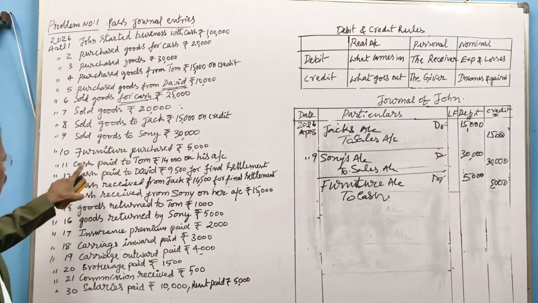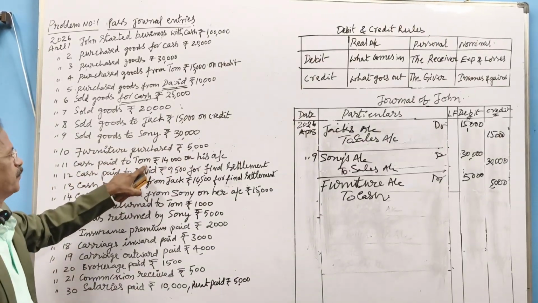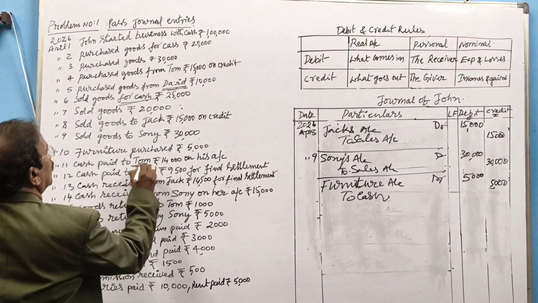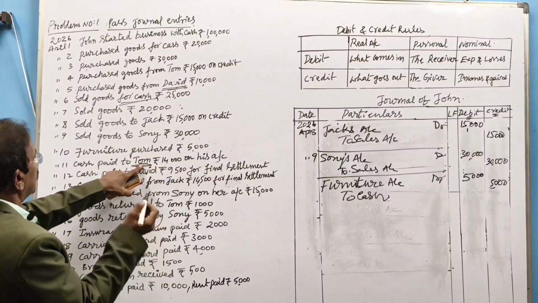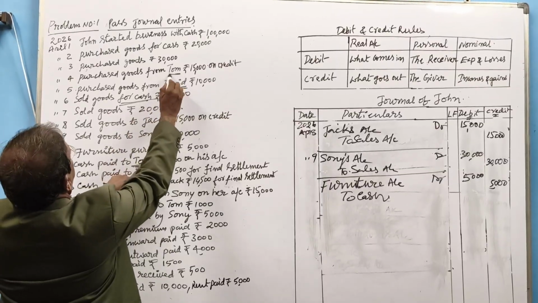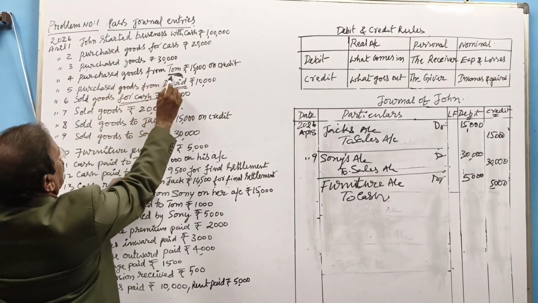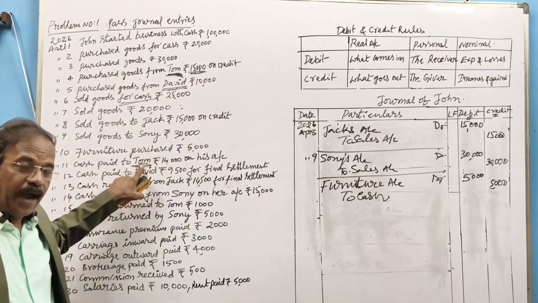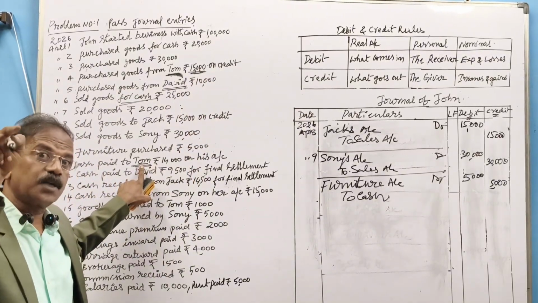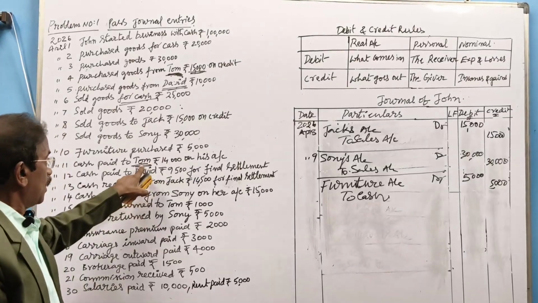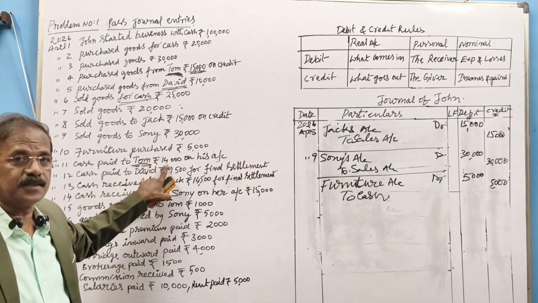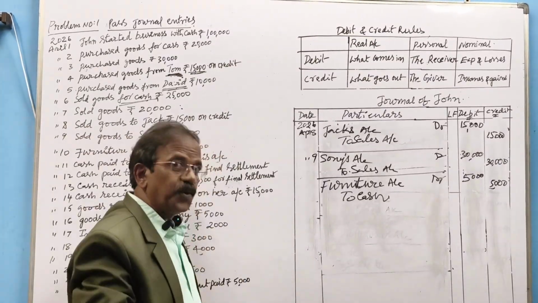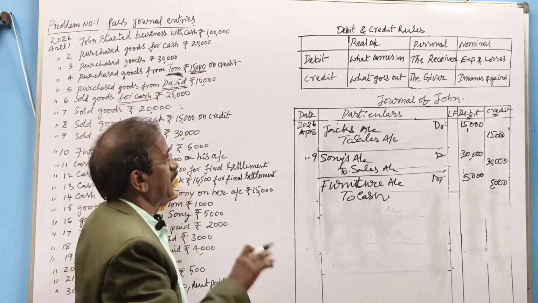Then cash paid to Tom 14,000 on his account. Who is Tom? Tom is our supplier. Previously, we purchased goods from Tom for 15,000. We have to pay him 15,000. Out of that 15,000, now we are paying 14,000. What is coming? Nothing. What is going? Cash is going. It is credited.